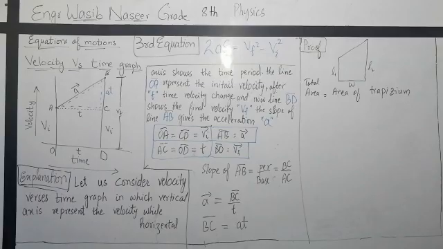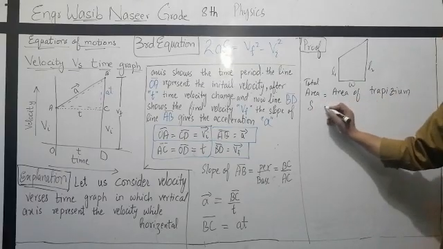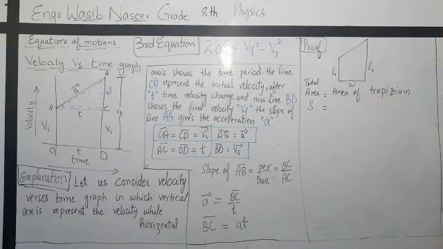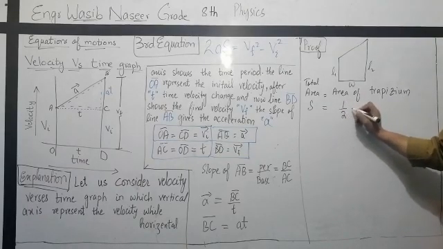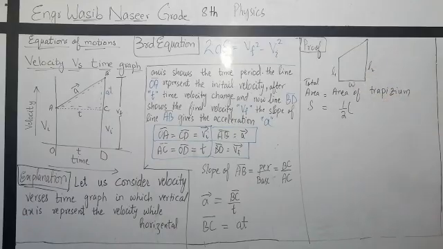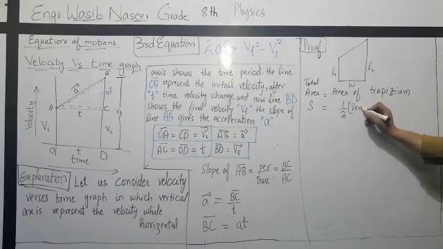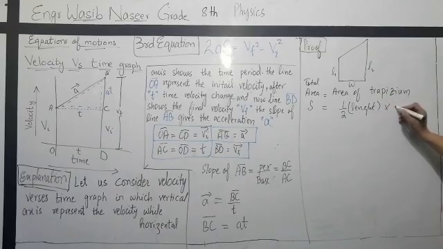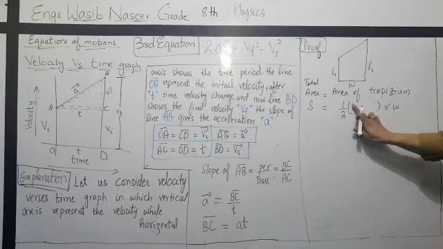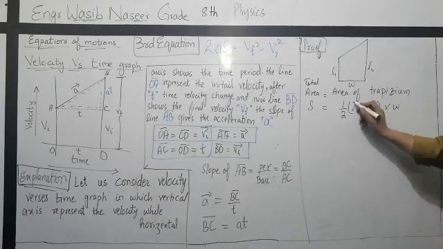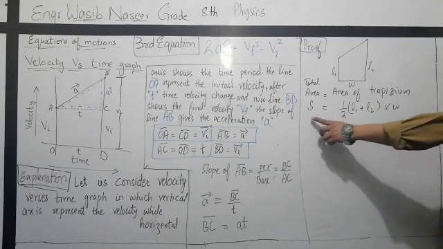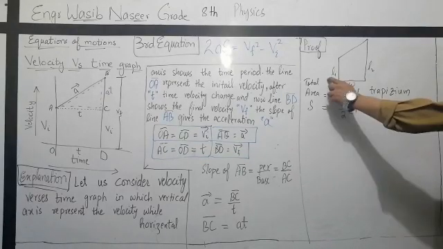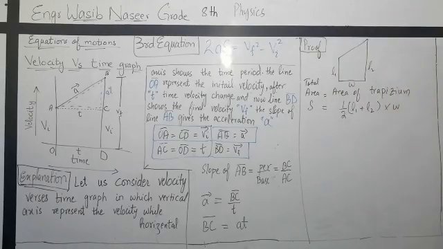Now I will use the formula for the area of a trapezium, watch very carefully: one by two, half of the length multiplied by width, but here there are two lengths, so I will write length 1 plus length 2. This is the formula for the area of a trapezium. You have to remember this: area of trapezium is equal to 1 by 2 times (length 1 plus length 2) multiplied by width.